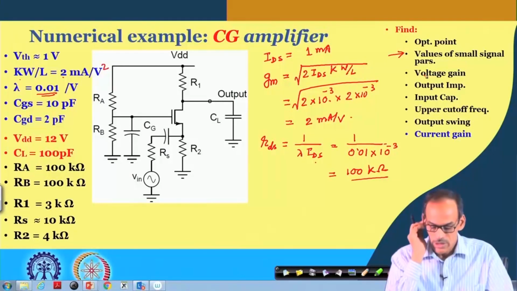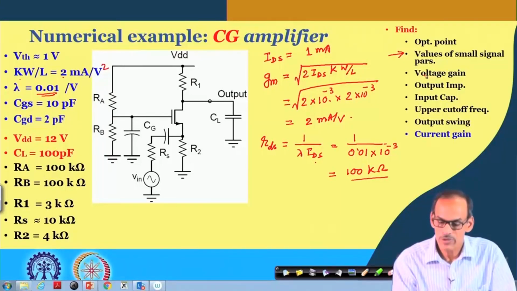So, what was the expression of the voltage gain we have for this circuit?